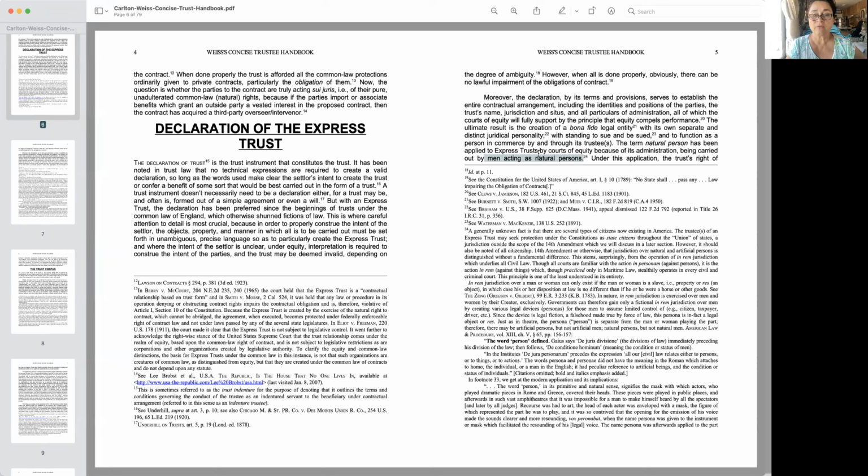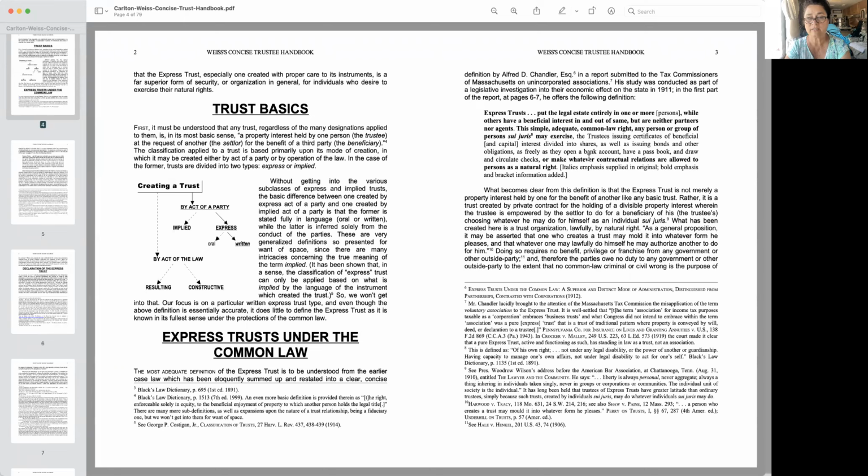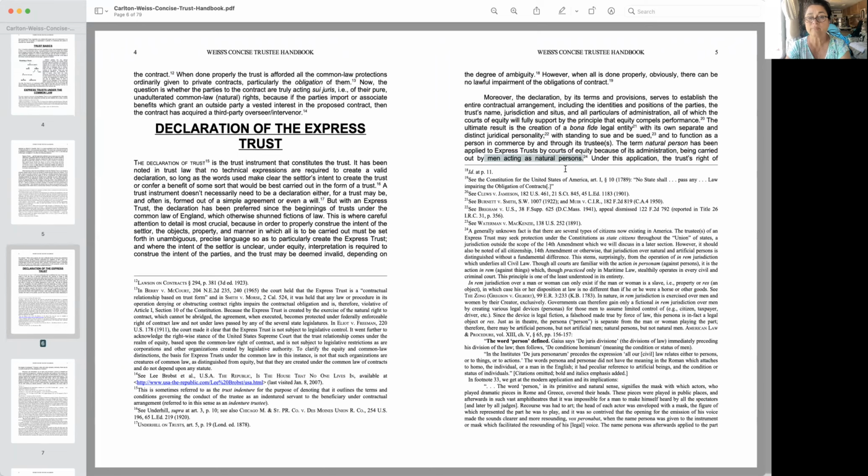Their trust would have been the implied trust, and they are the trustees of the implied trust of theirs. But we can go in as sui juris, acting as the natural person.